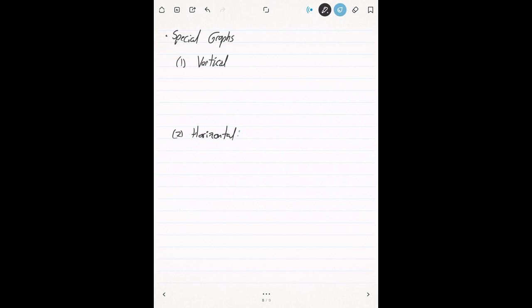Right now, let's go ahead and take a look at some special case situations we might produce when working with linear equations. In particular, let's talk about what happens when you have a linear equation whose graph is purely vertical and purely horizontal. Now, in all these cases that we've been reviewing, we keep talking about linear equations that could be slanted in all different ways.